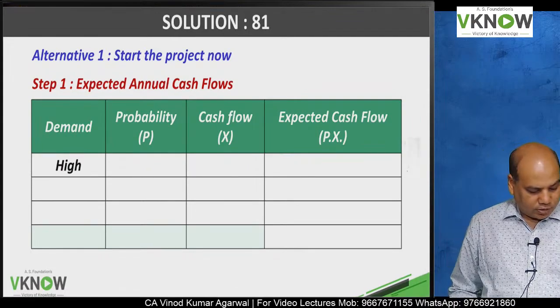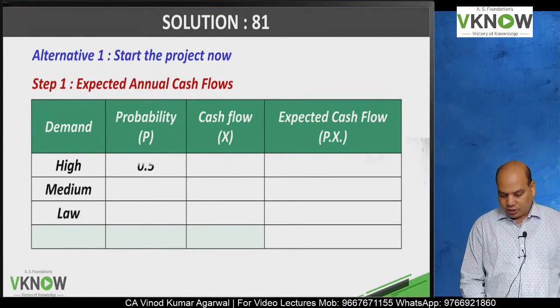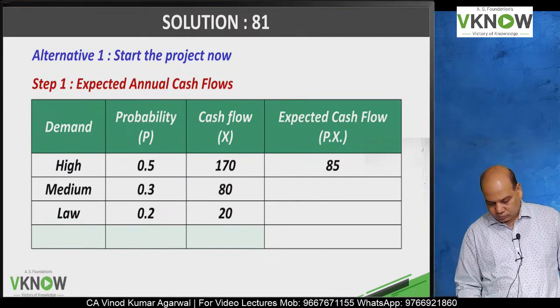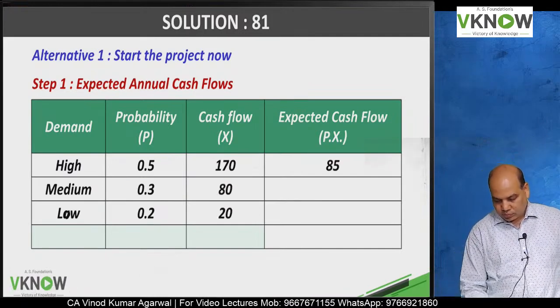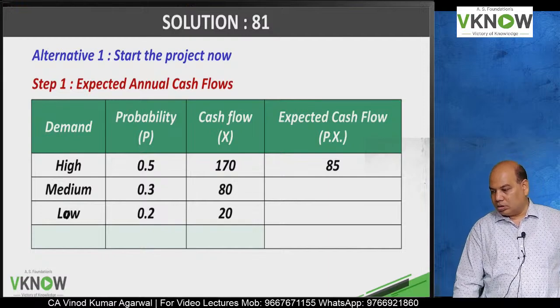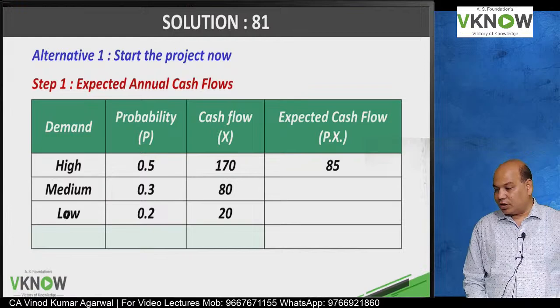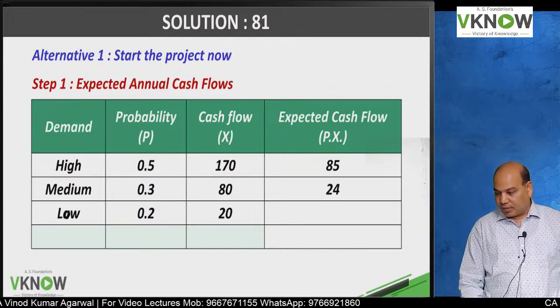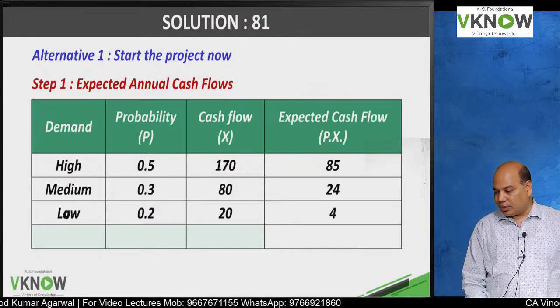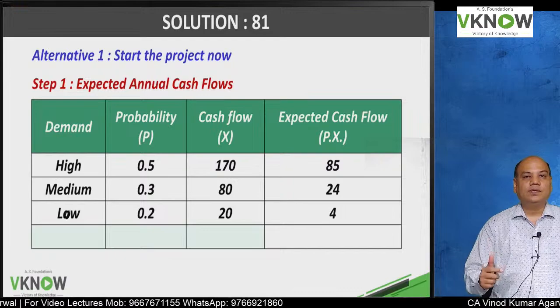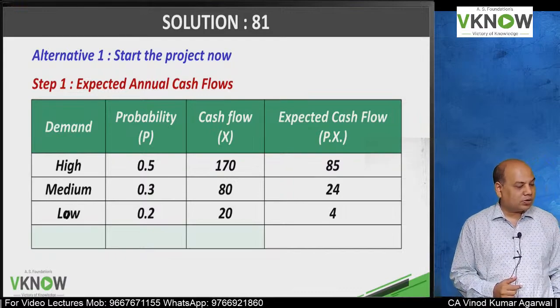Put in a lot of effort. Give me the final answer. Total of the last column will be the final answer. Anybody, what is my expected annual cash flow if I start now? Total of the last column.